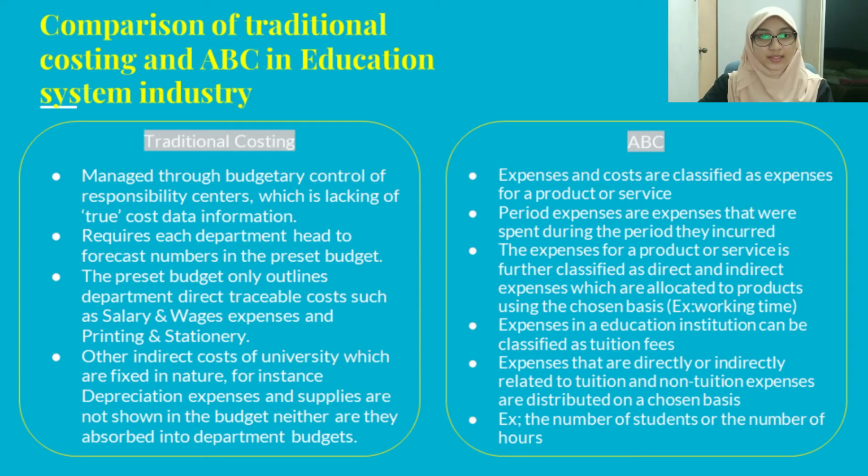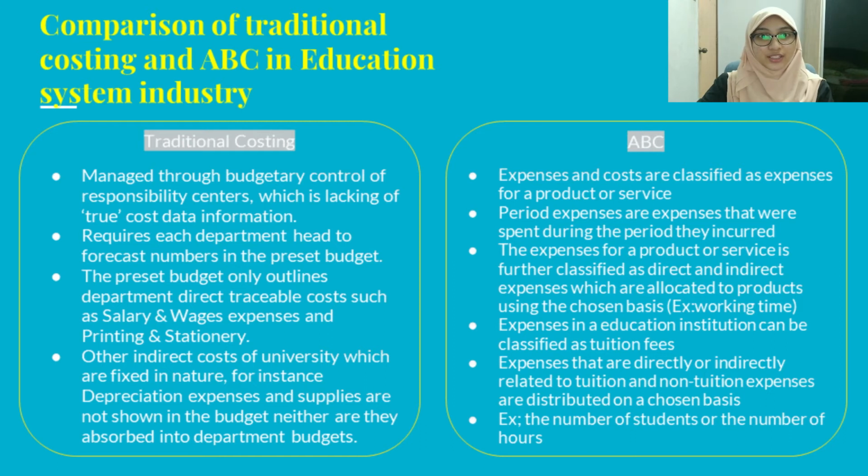Next, for ABC, expenses and costs are classified as expenses for a product or services and period expenses. The period expenses are expenses that were spent during the period they were incurred. The expenses for a product or services are further classified as direct and indirect expenses, which are allocated to products using the chosen basis, for example, working time.